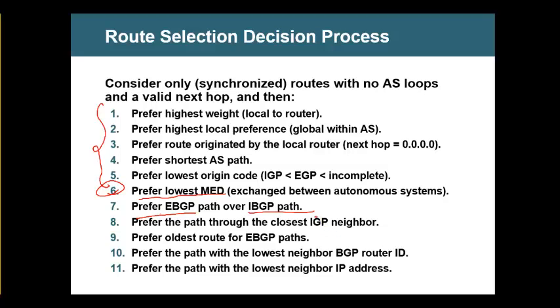What is iBGP? Within an autonomous system. Within an autonomous system, you will have OSPF or EIGRP. See which iBGP neighbor is having less metric to reach, less OSPF metric to reach. BGP will use OSPF metric here. BGP will use RIP hop count here.